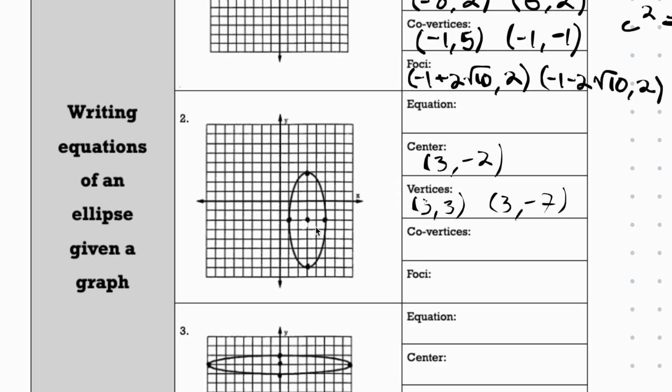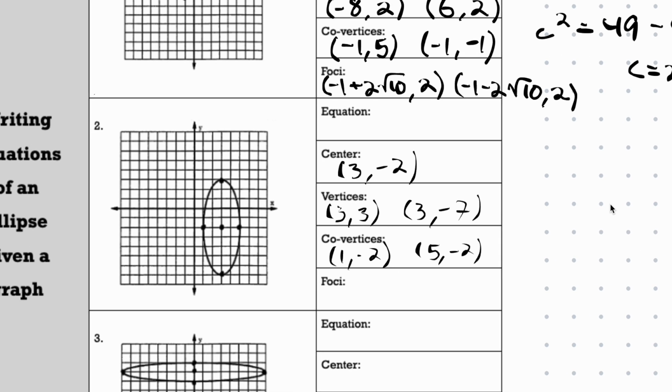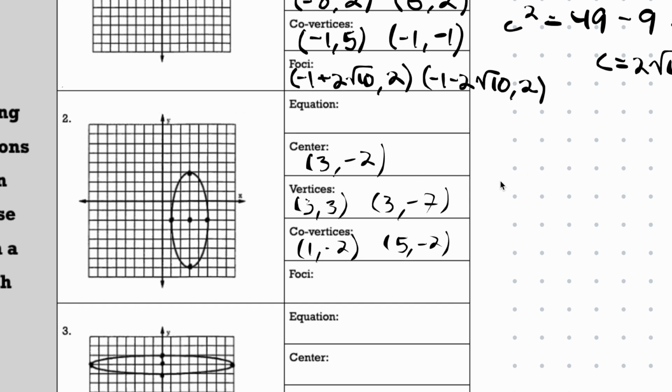Yep. Our co-vertices are going to be 1, -2, and 5, -2. Foci, we've gotten used to this now. C squared equals a squared.